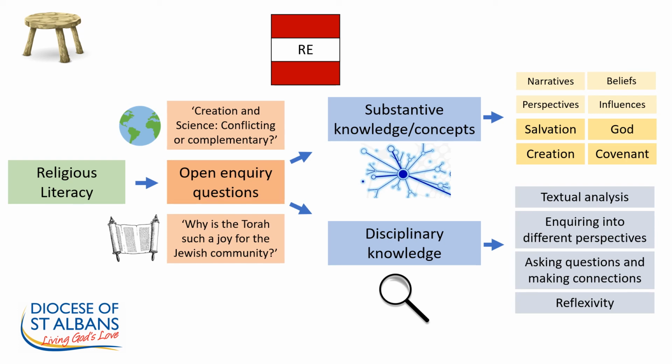Inquiring into different perspectives is certainly really important within lots of those strands. Asking questions that theologians might ask, that philosophers might ask, that sociologists might ask, and making connections between what they're inquiring into. Perhaps it's between those beliefs and how they influence different people in different ways.